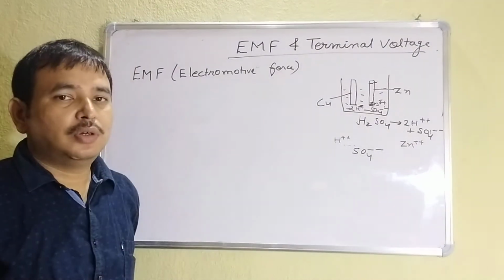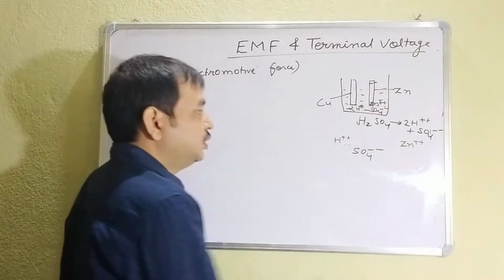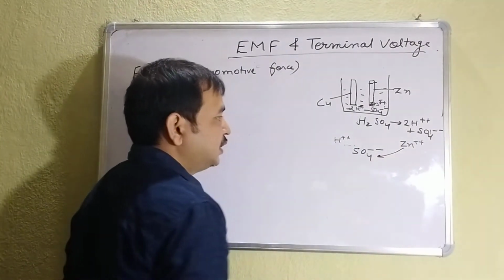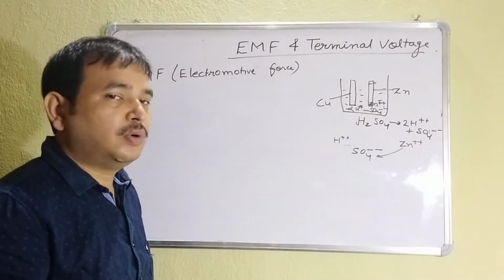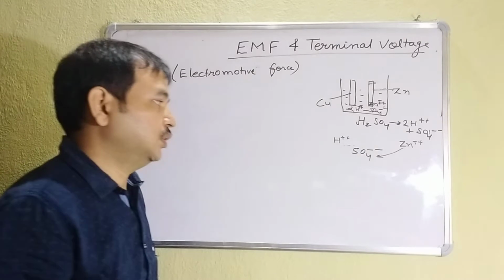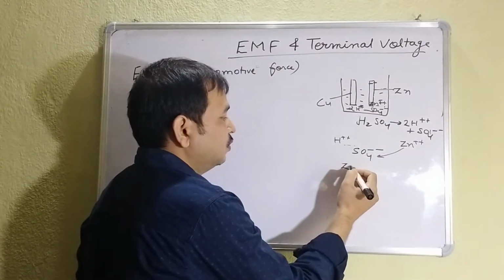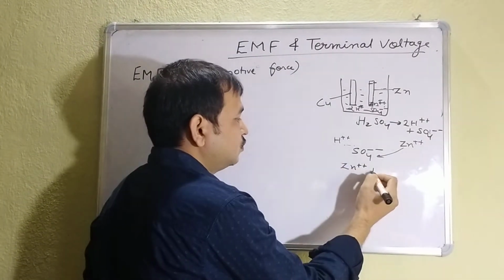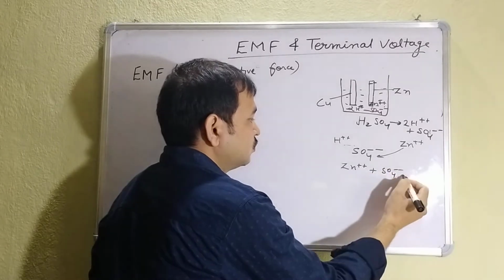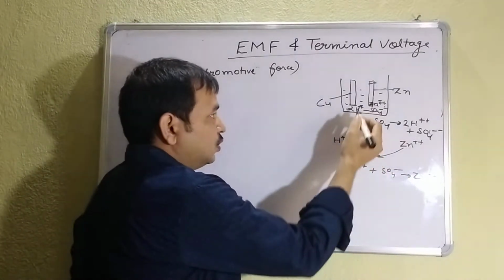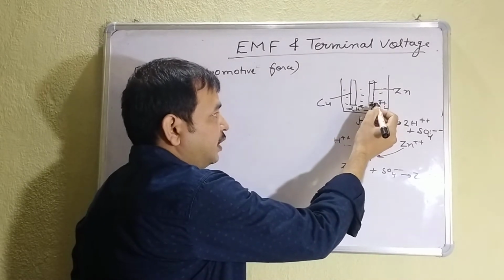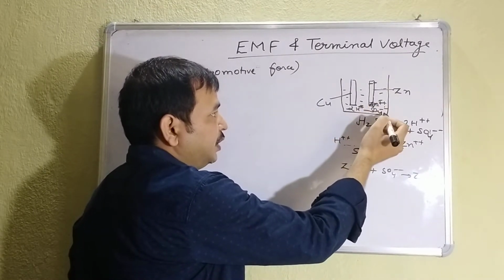Now, in chemistry, all of you have learned that this reaction involves less energy, so the SO4 is more prone to react with Zn++ to make ZnSO4. So this SO4 will move this side and combine and make ZnSO4.